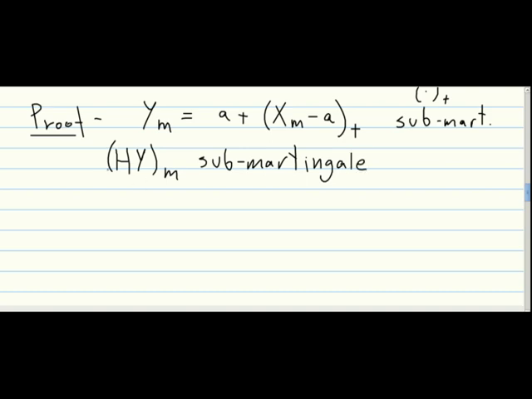Applying an integral with respect to a predictable process to a sub-martingale cannot change the fact that it's a sub-martingale. Now we can rewrite Ym minus Y0 in two terms.